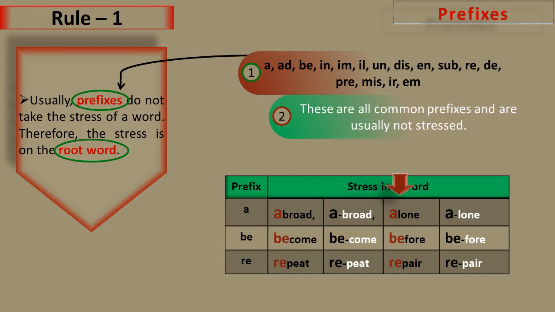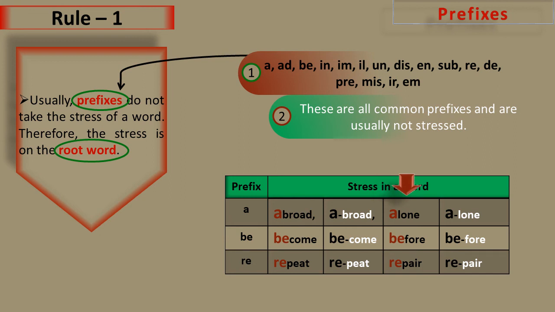In the third column also we have the same prefix. In the first column we have the same prefix, and in the third column we have the same prefix. Why? Because these are common prefixes. But here the root word is different, but the prefix is a common prefix anyway. And weak prefixes are never stressed, but the stress is only on the root word.